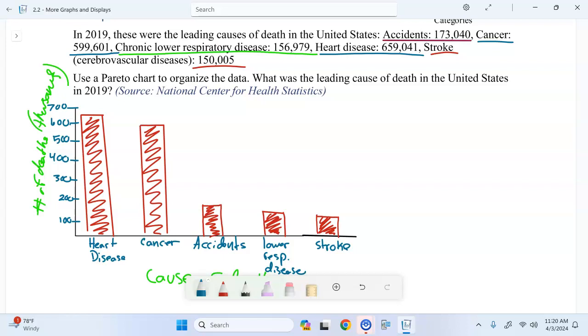Cancer's not far behind. And then there's a big gap between the next leading cause of death. Huge gap between the second and the third leading cause of death. And then even our third, fourth, and fifth, is there a big difference between those? No. Okay? So most of our deaths are in the first two categories, and then the rest of them significantly less, and not much difference between the three categories.